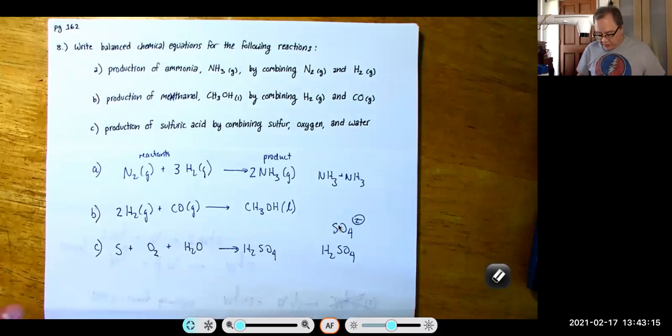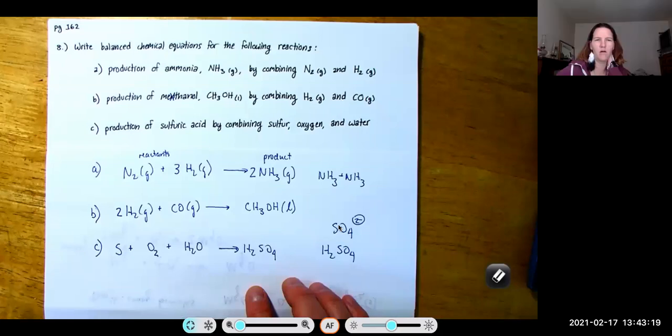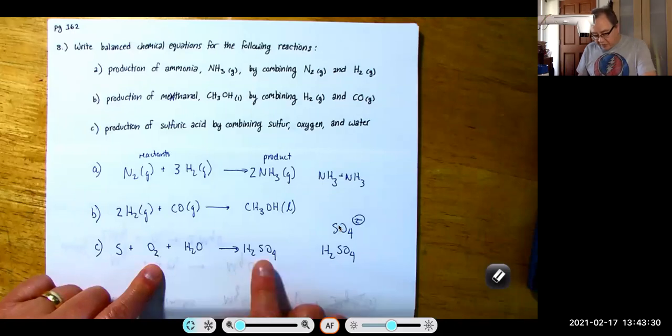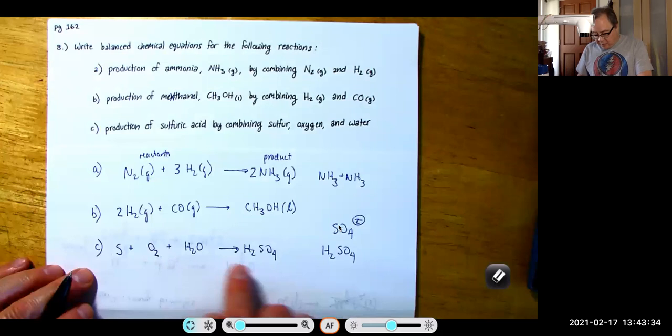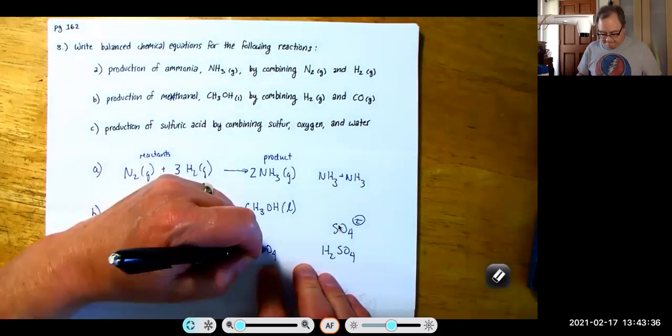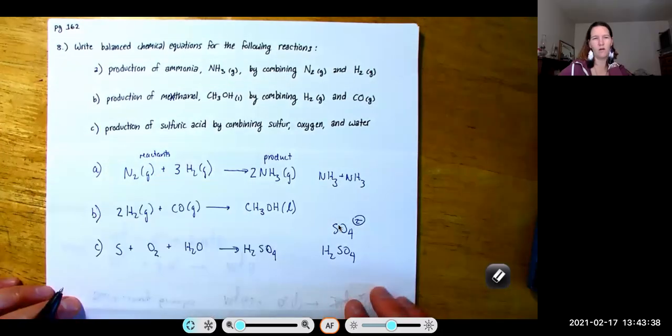Okay, so what do you want to do first? Balance out the oxygen because the sulfur is already balanced. The oxygen's going to be difficult because you have 2 here, 1 here, and 4 there. How do you want to go about doing that?